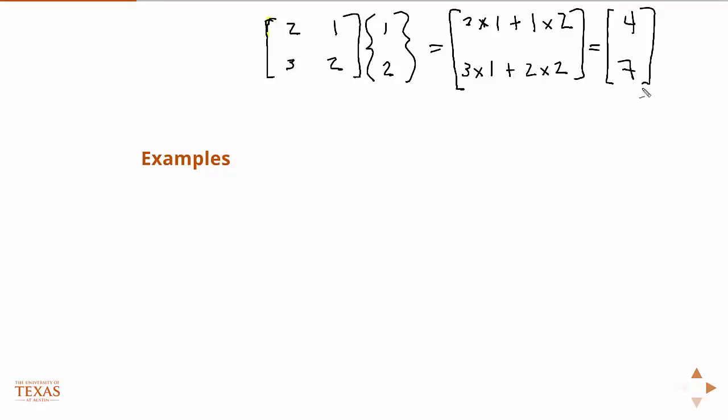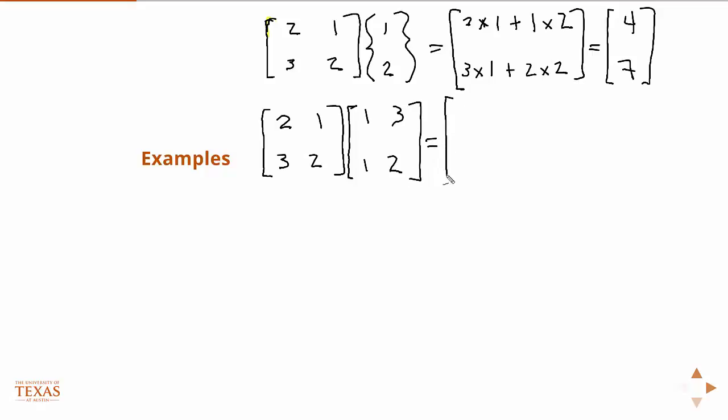Okay. And so then for an example of matrix-matrix multiplication, we'll take the same matrix, 2, 1, 3, 2, and we'll multiply it by 1, 3, 1, 2. What's the first entry?